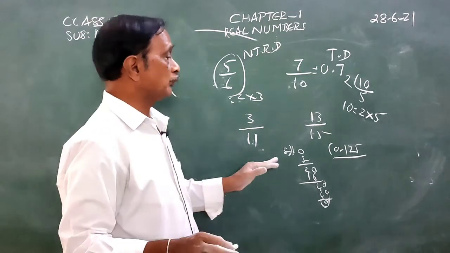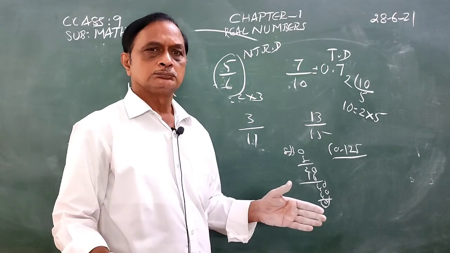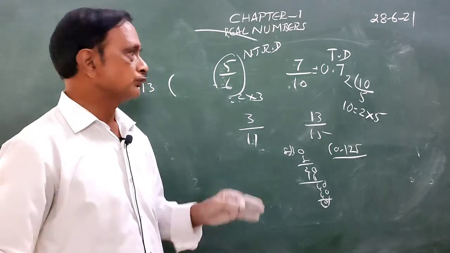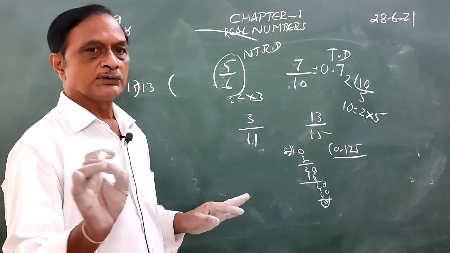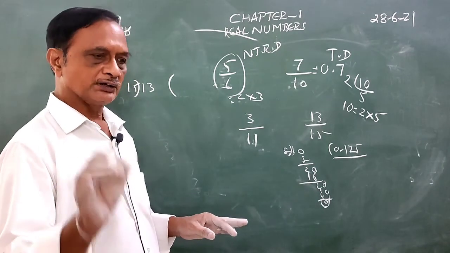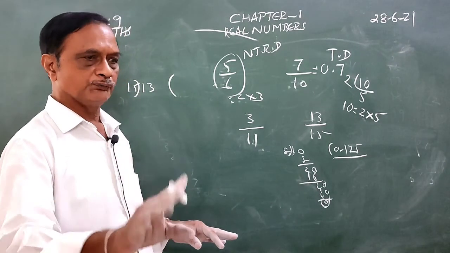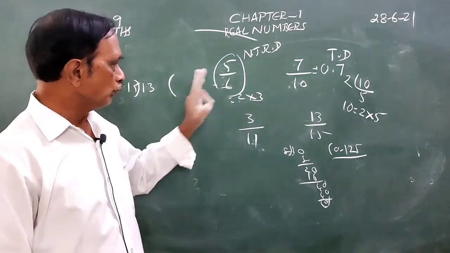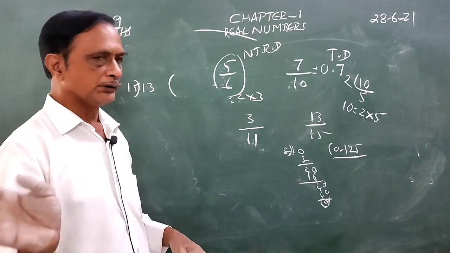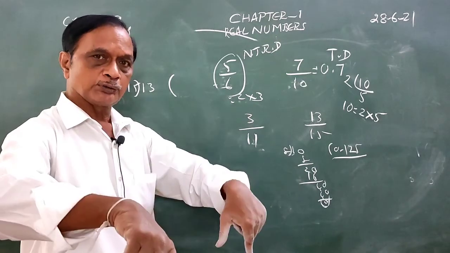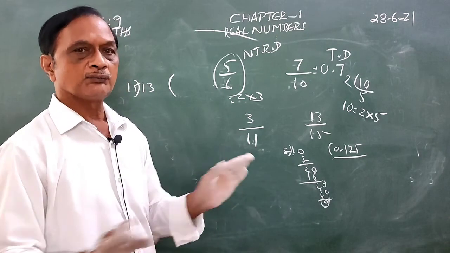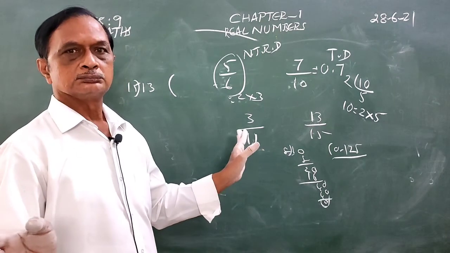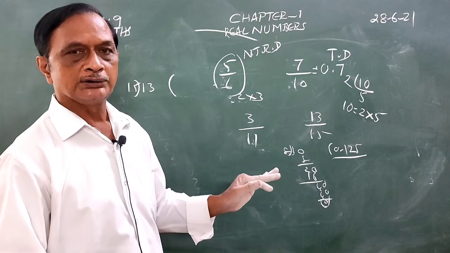You need not actually divide. For verification I am dividing, but you need not divide. You simply go through the denominator. If the denominator has prime factor either 2 or 5 or both 2 and 5: if it contains only 2 as prime factor, terminating decimal. Only 5 as prime factor, terminating decimal. If it contains both 2 and 5 as prime factors, terminating decimal. Otherwise, in any case except these 3, it gives a non-terminating repeating decimal.